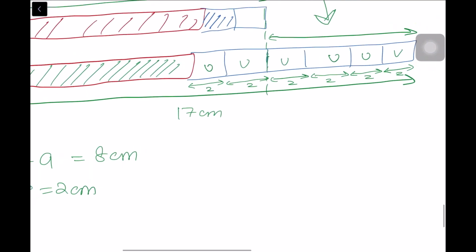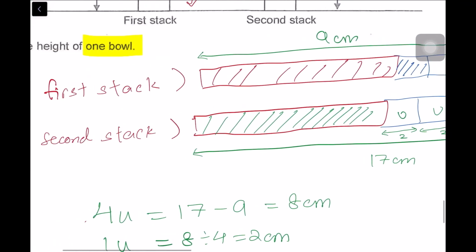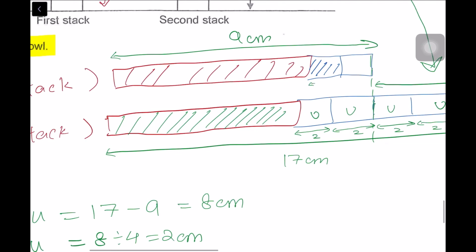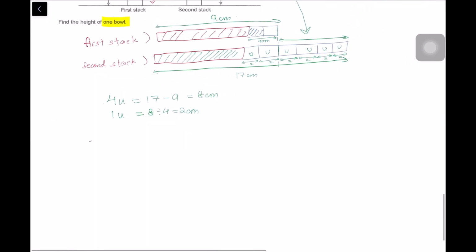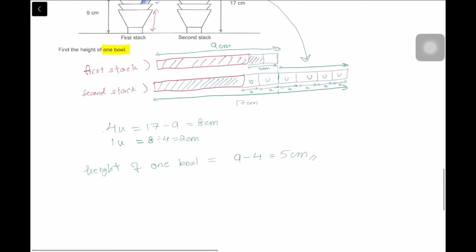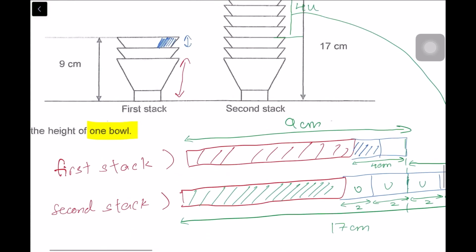Now if you look at the first stack, the length of 2 smaller bars would be 4 cm. So this means that the height of one bowl would be equal to 9 minus 4, which gives us 5 cm. So the height of one bowl, this height, is 5 cm.